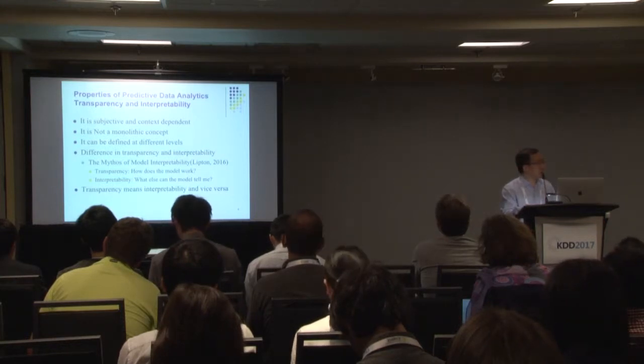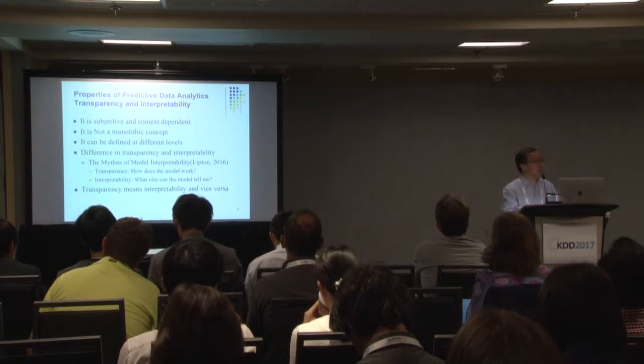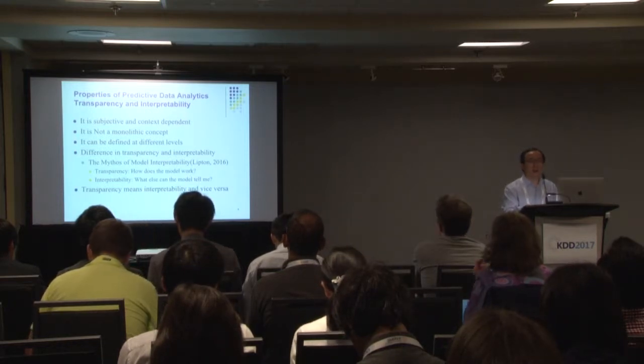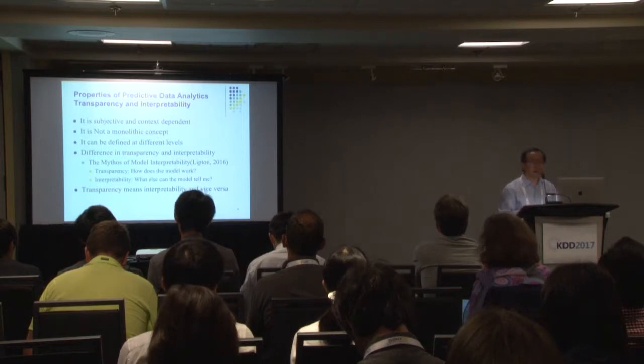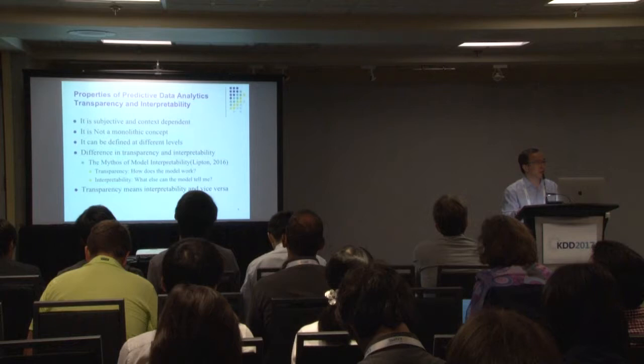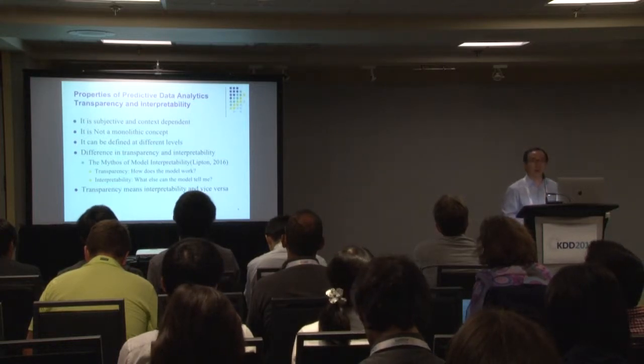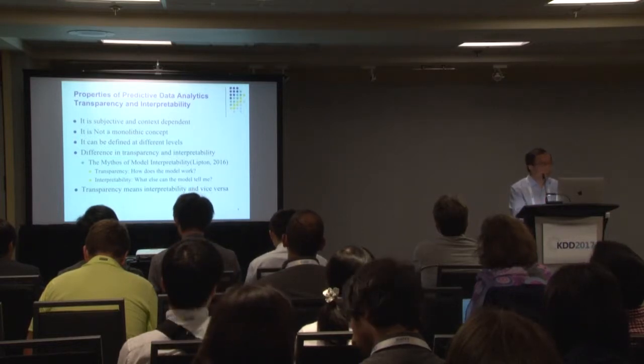People argue that those two are completely different concepts. Other people treat them interchangeably. So in the following talk, we do not try to differentiate these two concepts. We just put them together, because we don't feel that there is sufficient evidence now to separate them.